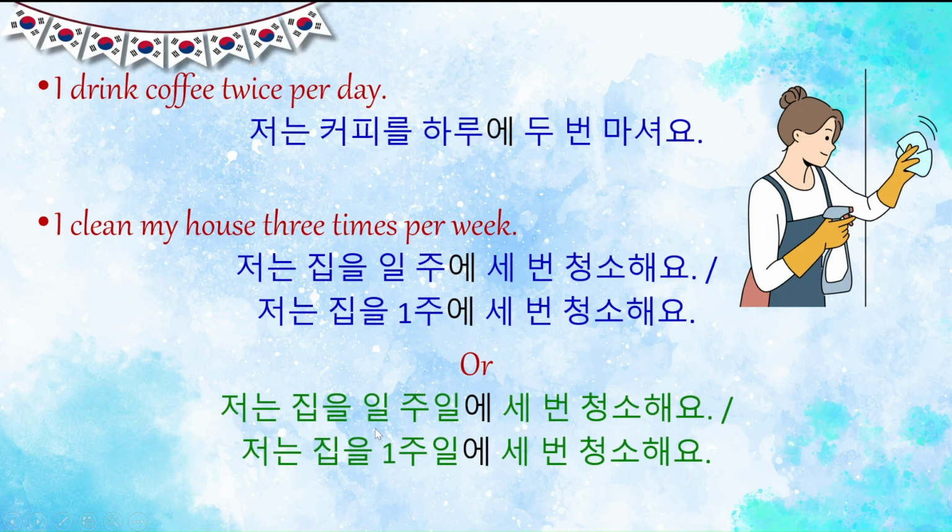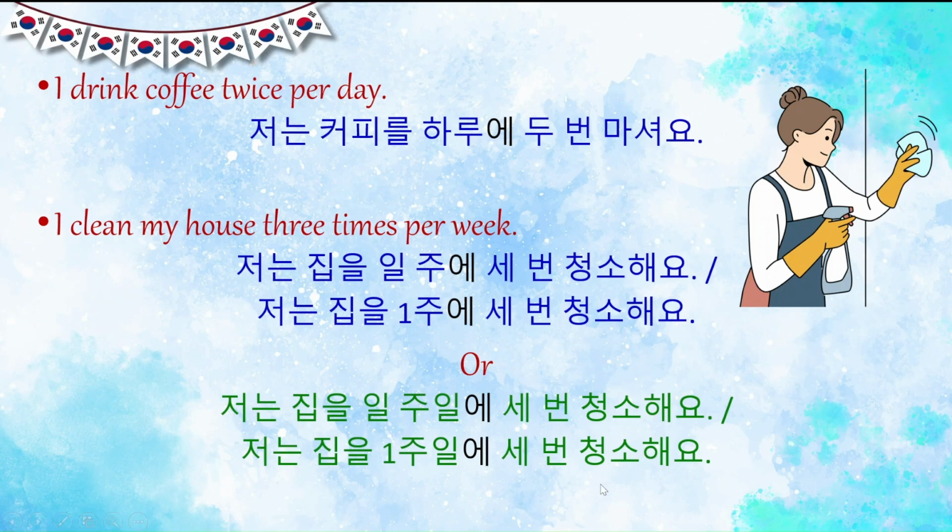Okay, so here we have used 주일 to say week in Korean. So 1 week, 일주일. Per week, 일주일에. And 3 times is 세 번. Very simple. Here also, in the first sentence, we have used the word 일, and in the second sentence, we have used the numeral number 1.